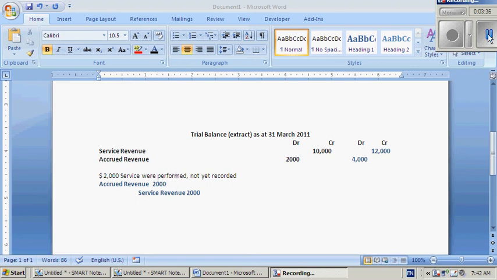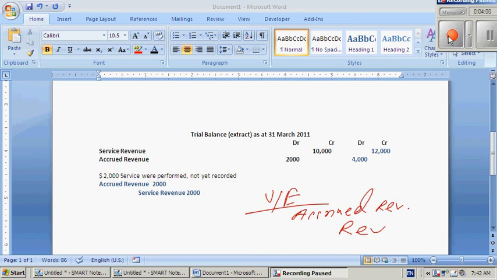So the journal of accrued revenue is just the opposite of accrued expenses, and that's why accrued revenue is debit and revenue is credit. Just remember that accrued revenue is debit and revenue is credit. So now, accrued revenue, we all know, is an asset because you will receive money or receive benefit in future.